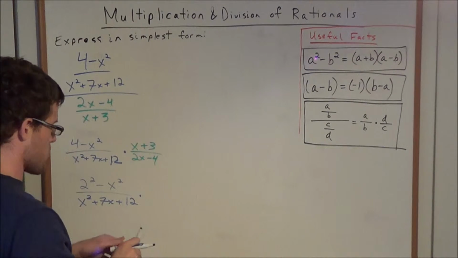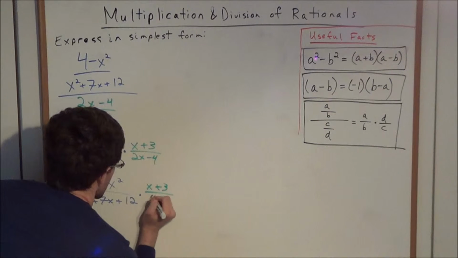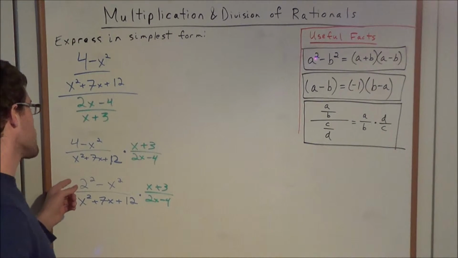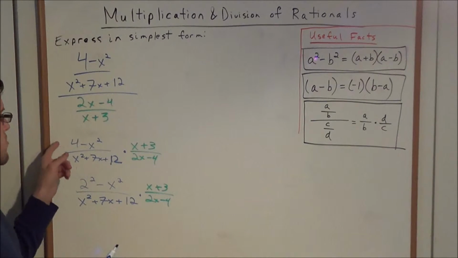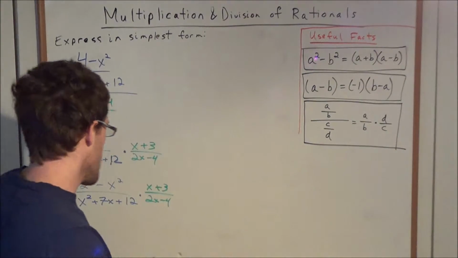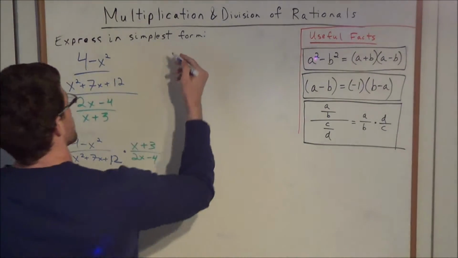And then we could just rewrite (x plus 3) over (2x minus 4). Now, the reason why we put this in 2 squared minus x squared form as opposed to 4 minus x squared is because now we're matching this difference of perfect squares. And it makes it easier to factor this blue fraction like so.